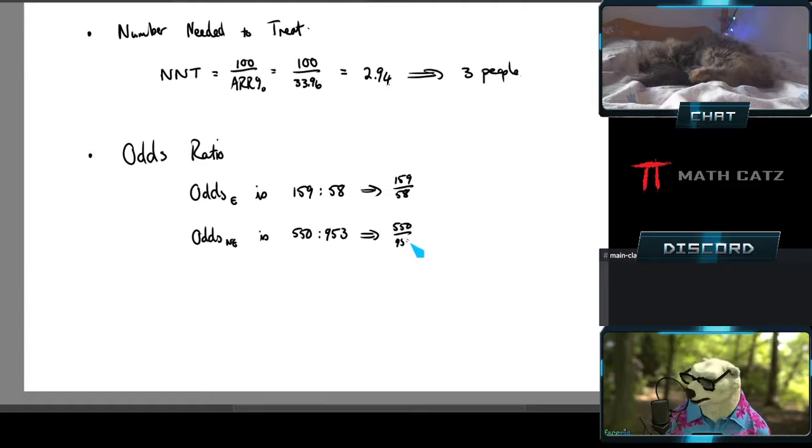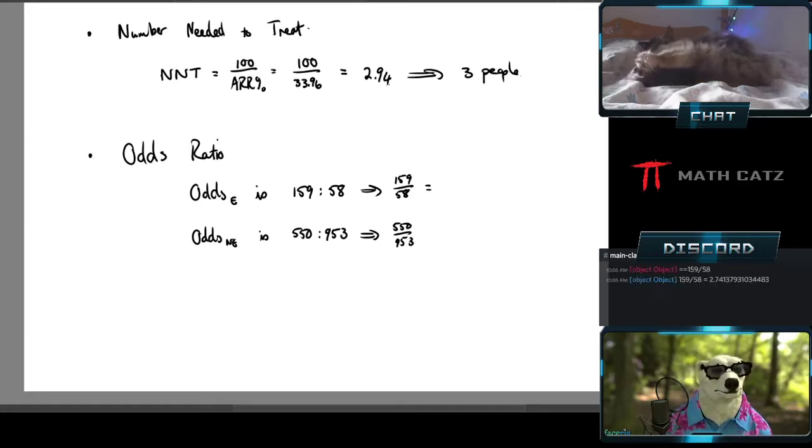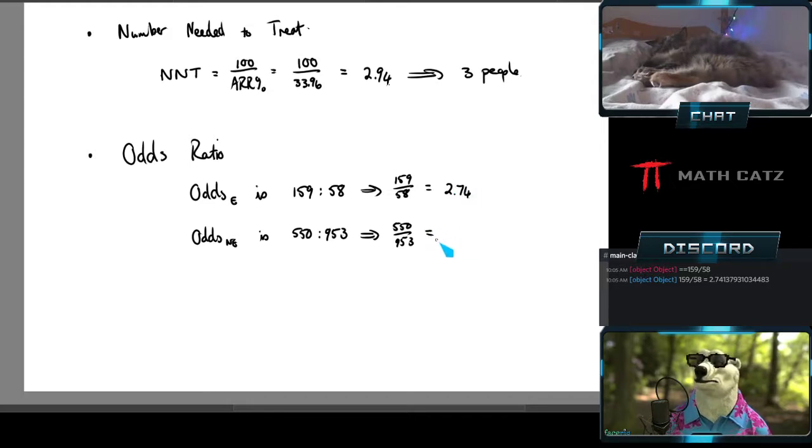Those are the numbers from the table, so they're not rounded or anything. 139 divided by 58 is 7.4, say, rounded.